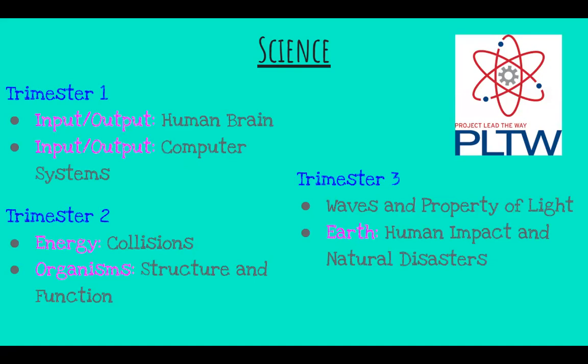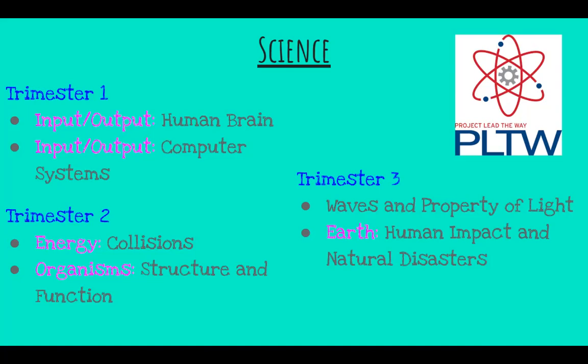The human brain, we're learning the different parts of the brain, how they affect our body, with emphasis on our 5 senses. Computer systems, we'll get into doing some coding, the students will be able to code a little game that they will follow directions, but then hopefully get a chance to venture out on their own.